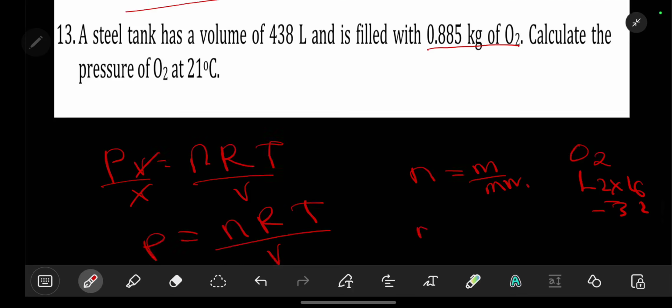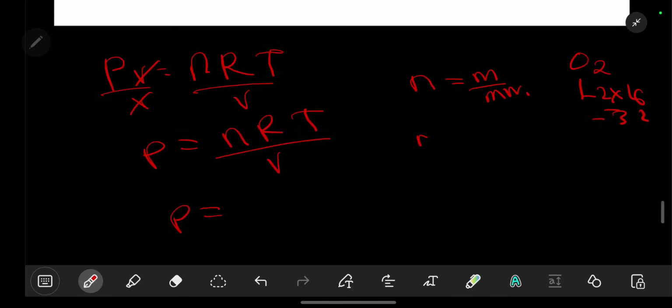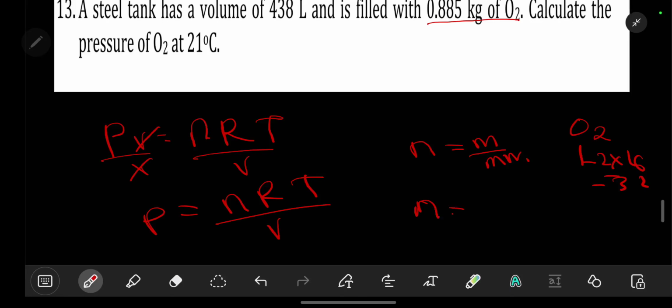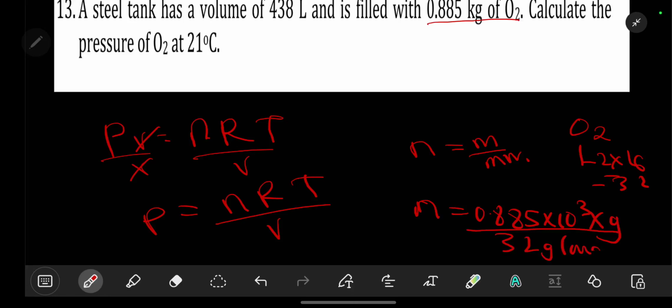So number of moles is equal to our mass, which is 0.885. Now this is in kilograms. Where there is kilo, kilo is equal to 10 to the power 3, so we say 10 to the power 3 grams, over the molar mass, which is 32 grams per mole.